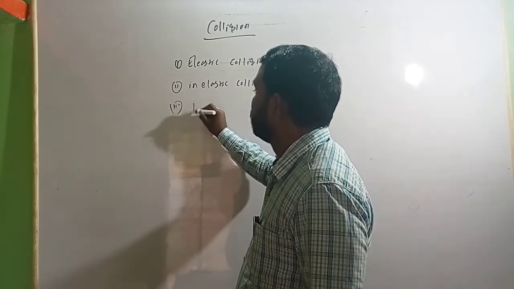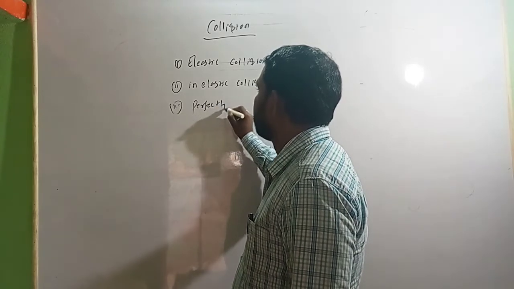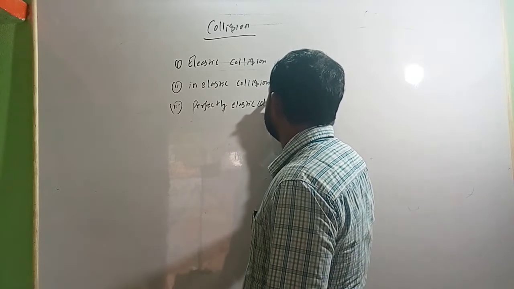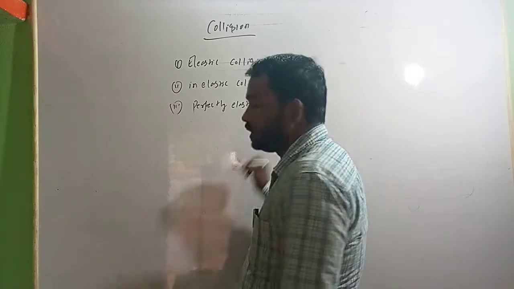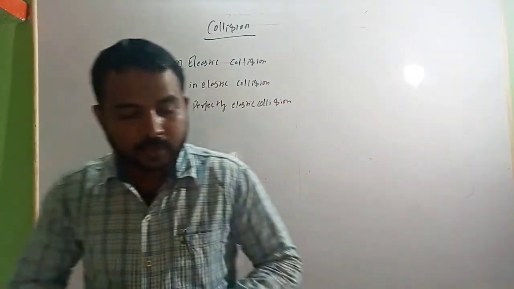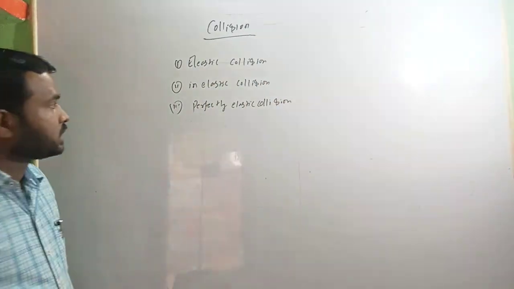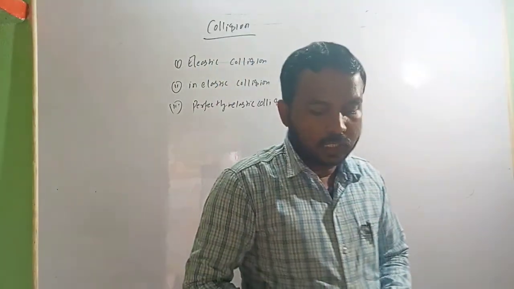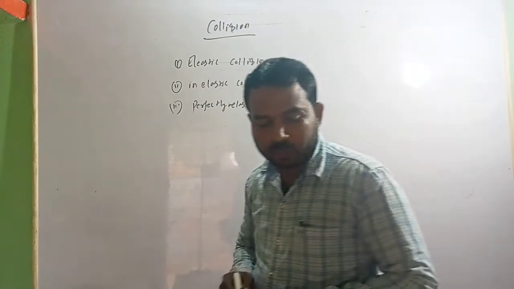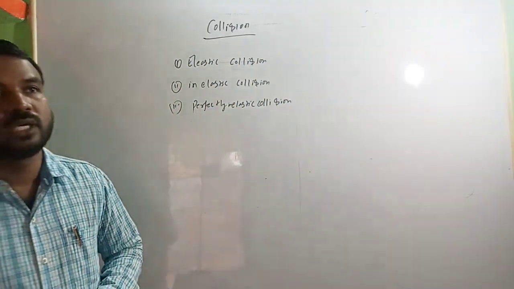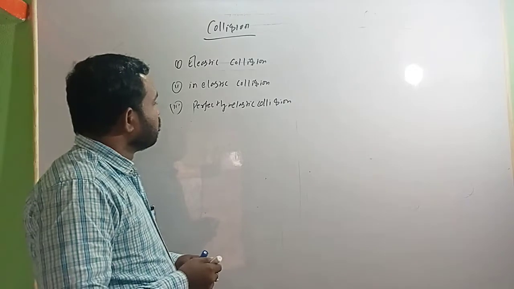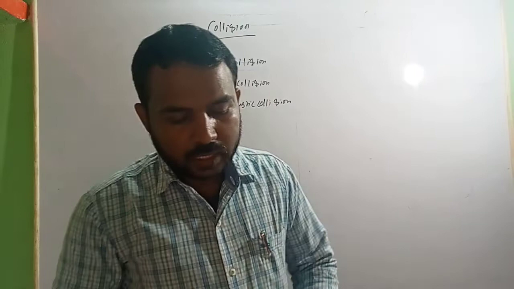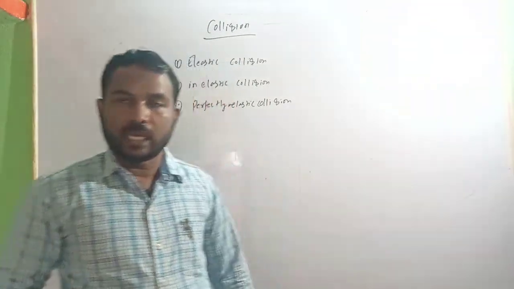And third we have perfectly inelastic collision. So these are the three types of collision: elastic, inelastic, perfectly inelastic.